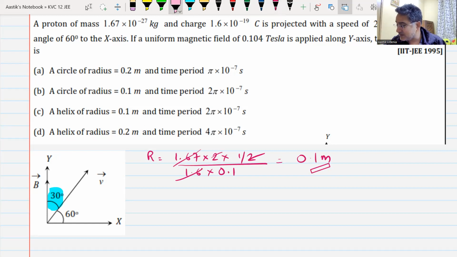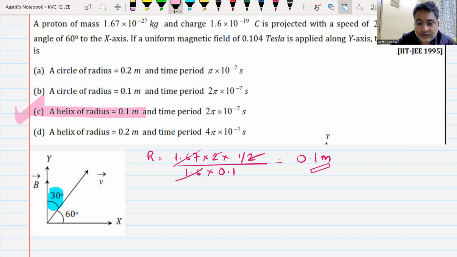Do you understand this? Yes, sir. You just have to get to the right answer in the quickest possible way. To get the time period, 2 pi m by qB, you don't have to find it once you have found the radius, because it is useless to find the time period. Do we understand this? Yes, I understand.